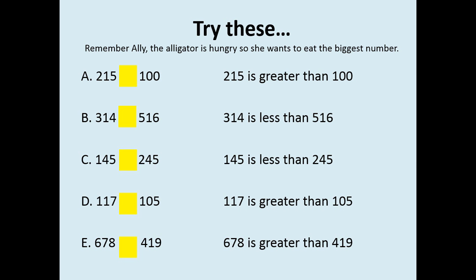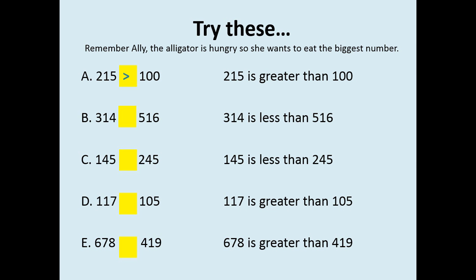How many hundreds on that second number? 1. If you said that, you are correct. I can read 215 is greater than 100. So I know Ally the alligator has to eat the number 215.